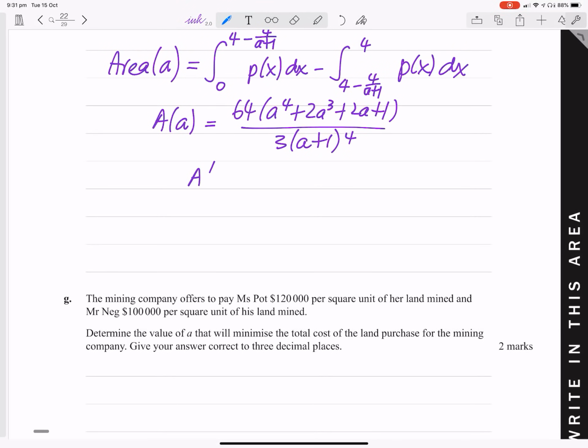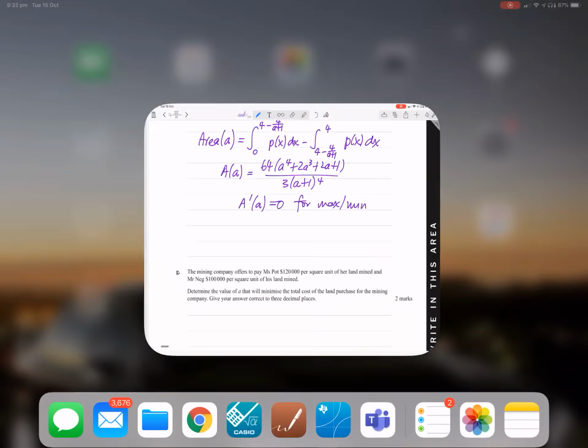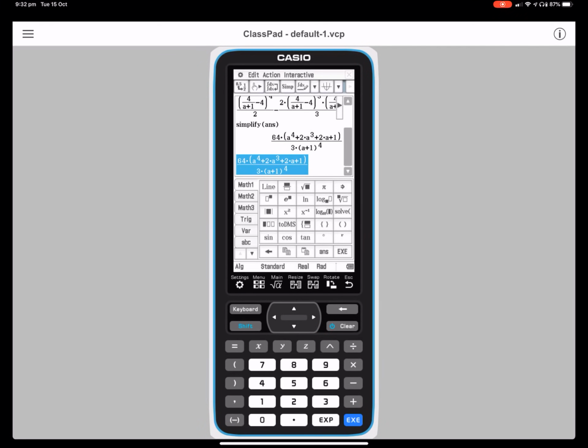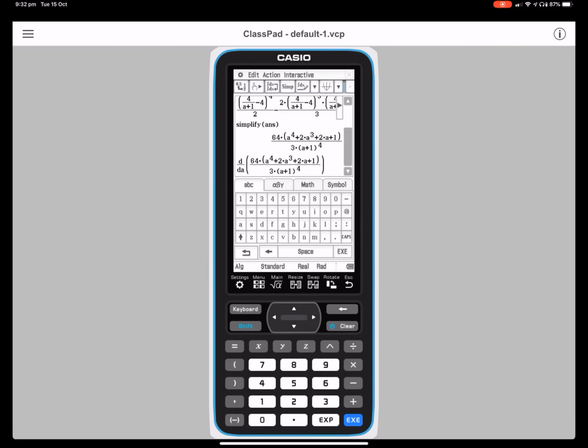Okay, so A dash of a equals 0 for max/min. So if we derive that with respect to a, set it equal to 0 and solve for a.